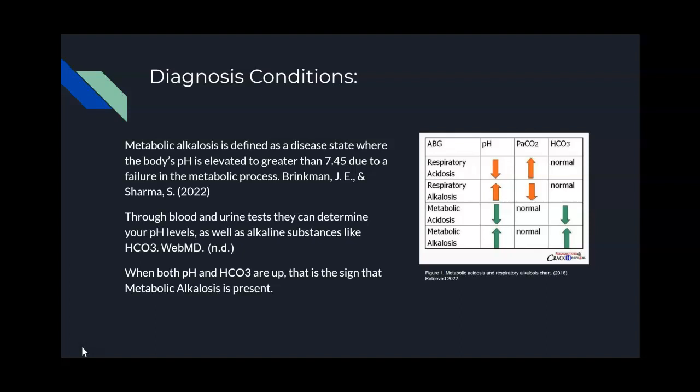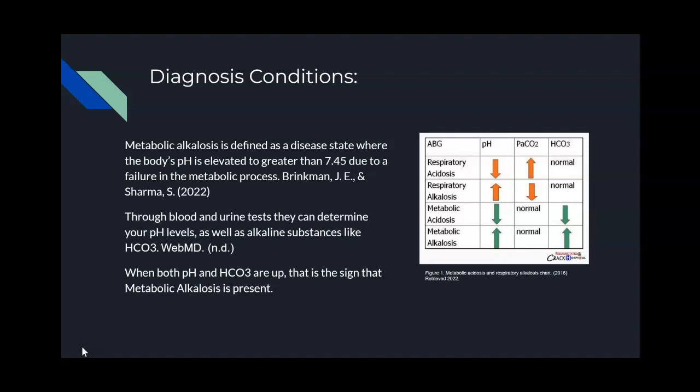For diagnosis conditions, metabolic alkalosis is defined as a disease state where the body's pH is elevated to greater than 7.45 due to a failure of metabolic processes, as discussed in Brink and Shaman's report.